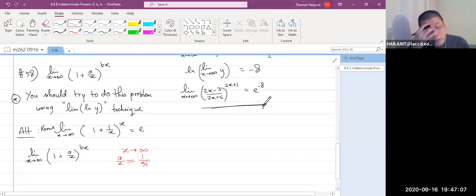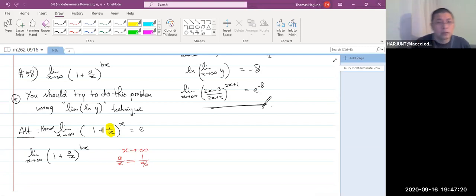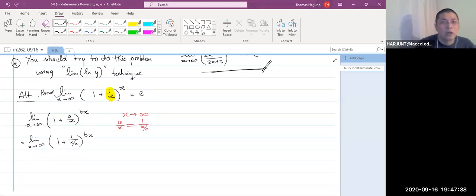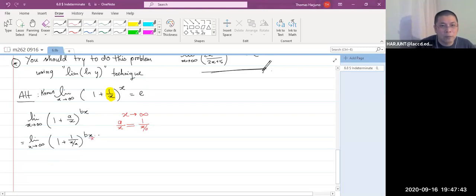Is it right? Remember, I try to get this pattern here. So I will write it this way: the limit as x goes to infinity of 1 plus 1 over x over a to the bx. Now I will write this x also as x over a times a.